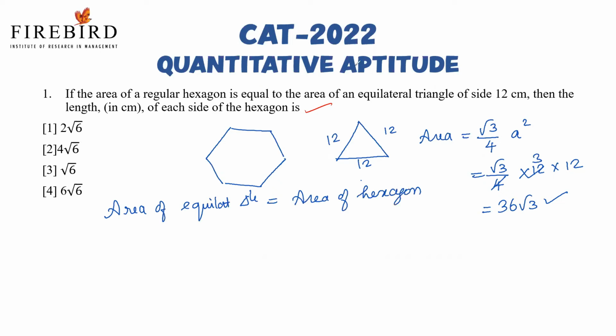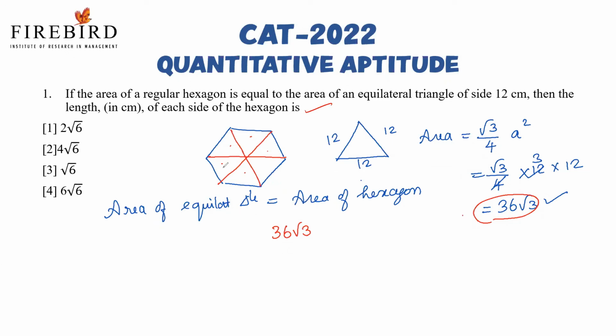Keep it in mind that you can divide a hexagon into 6 equilateral triangles. So let us take this as the area of the hexagon, which is equal to 36 root 3.